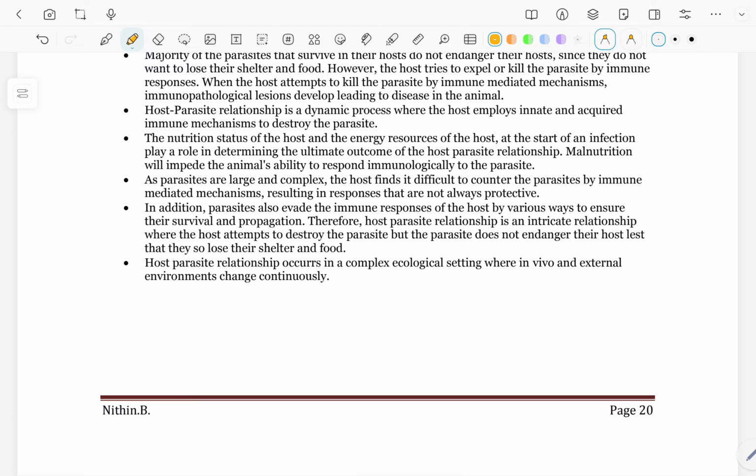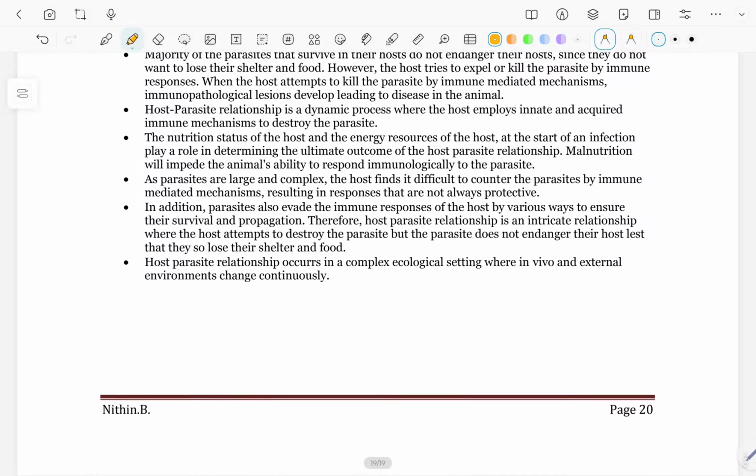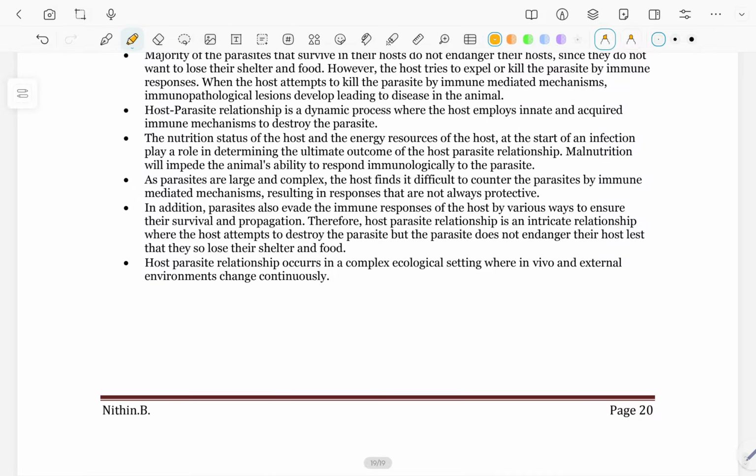Therefore, host-parasite relationship is an intricate relationship where the host attempts to destroy the parasite, but the parasite does not endanger its host lest it lose its shelter and food. Host-parasite relationship occurs in a complex ecological setting where internal and external environments change continuously.